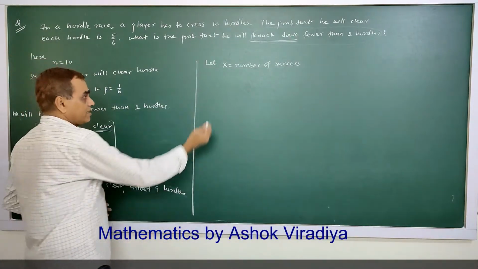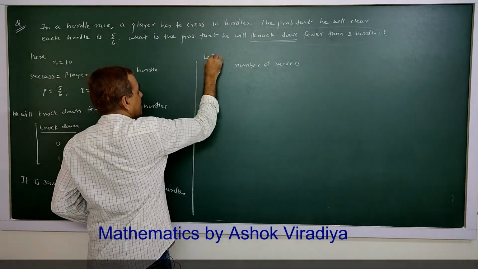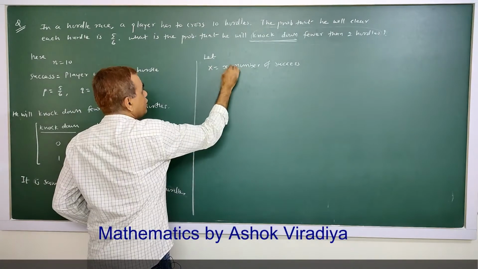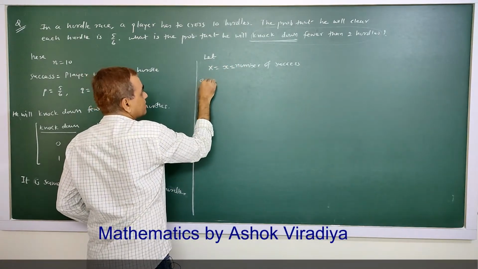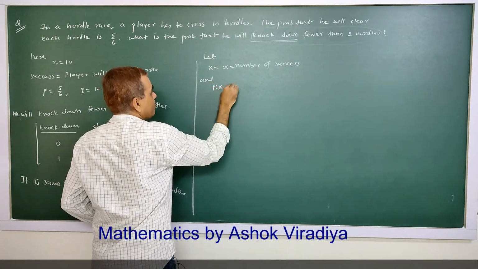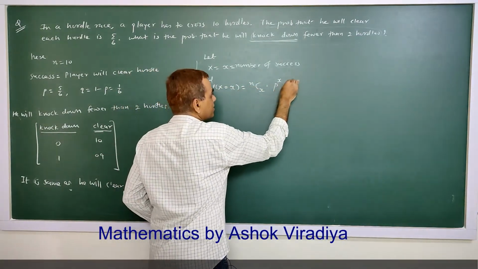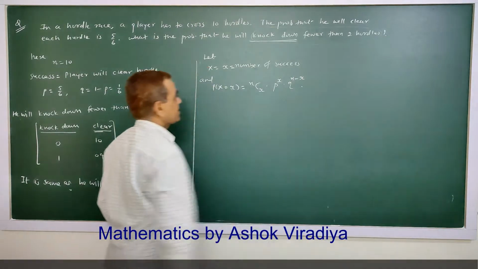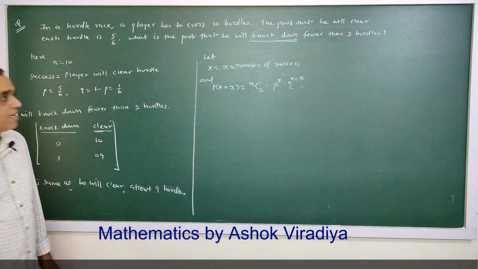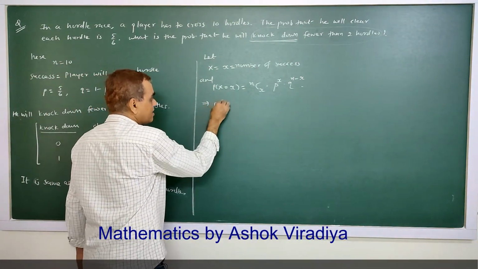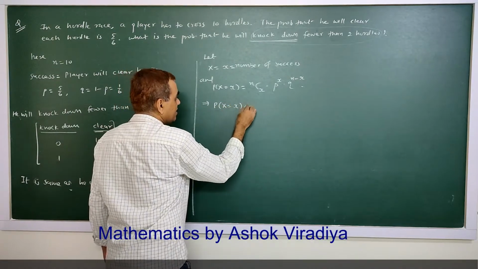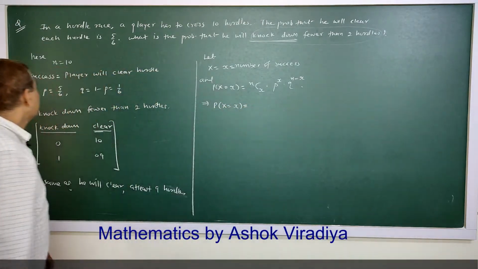And probability that x takes value x is nCx p raised to x q raised to n minus x. That is, here n, the number of hurdles, is 10.